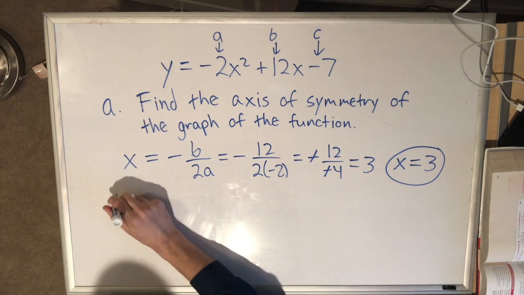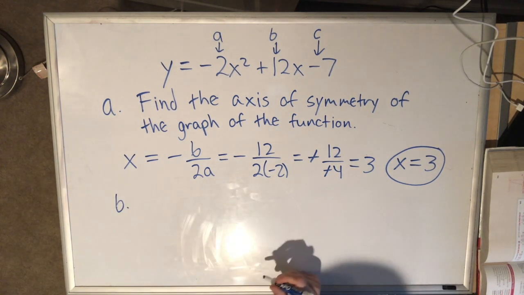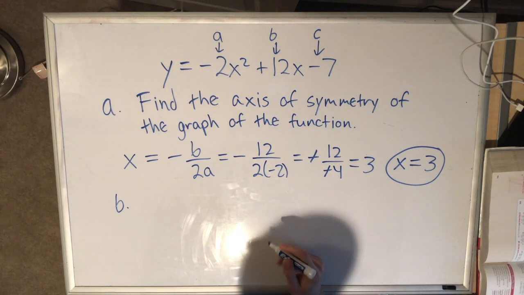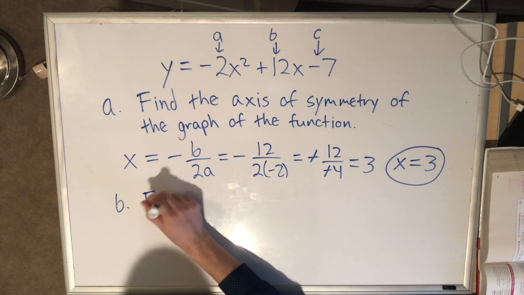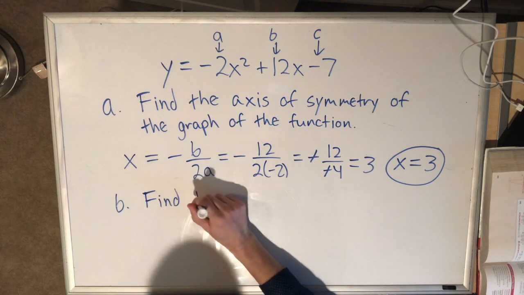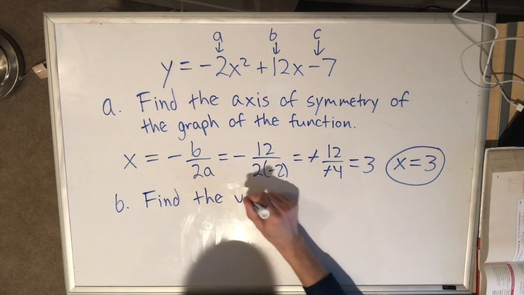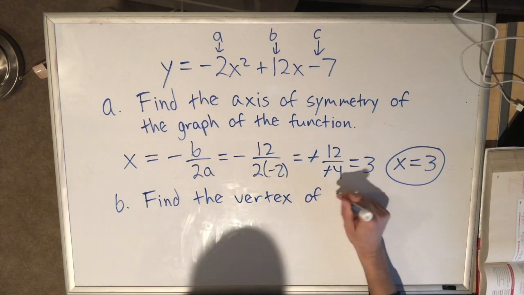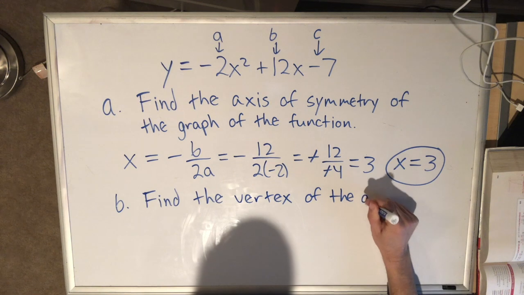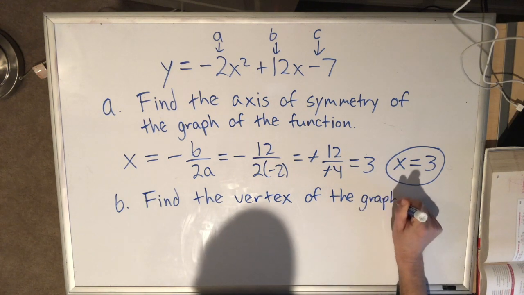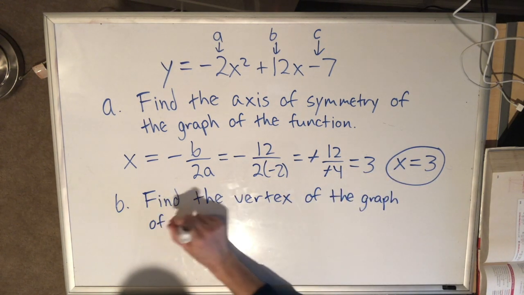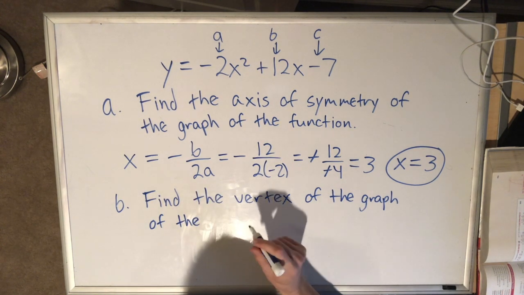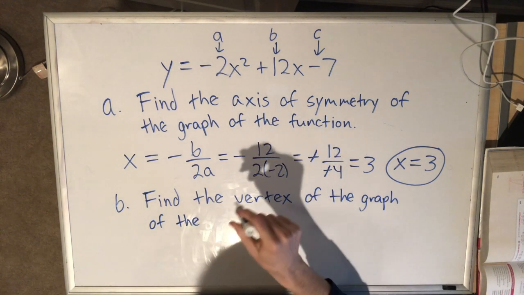And now let's look at part B, which is find the vertex of the graph of the function. The vertex is the highest point or the lowest point of the parabola, depending on whether the parabola opens upwards or downwards.